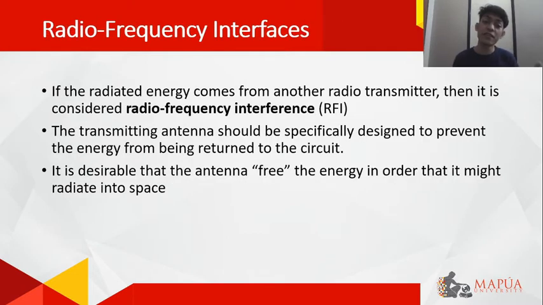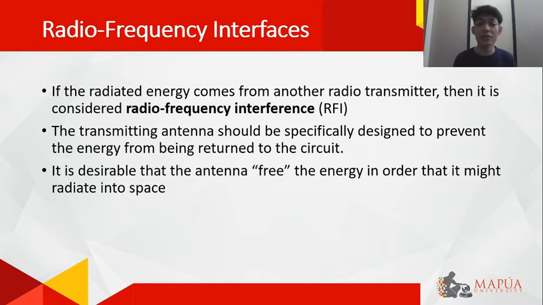Radio frequency interference. If the radiated energy comes from another radio transmitter, then it is considered radio frequency interference. The transmitting antenna should be specifically designed to prevent the energy from being returned to the circuit.